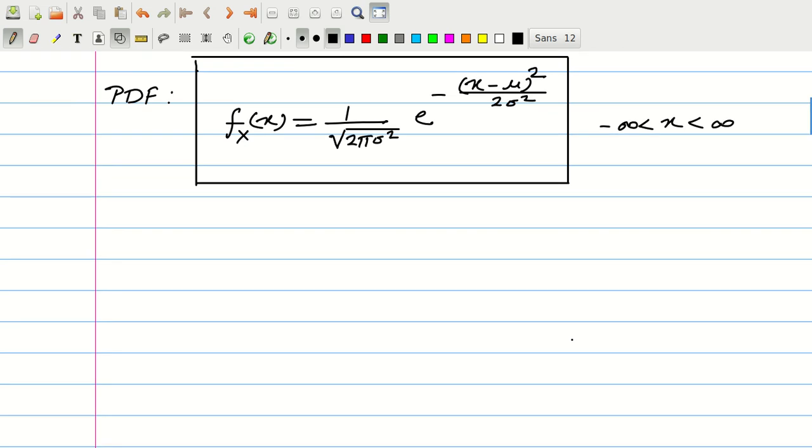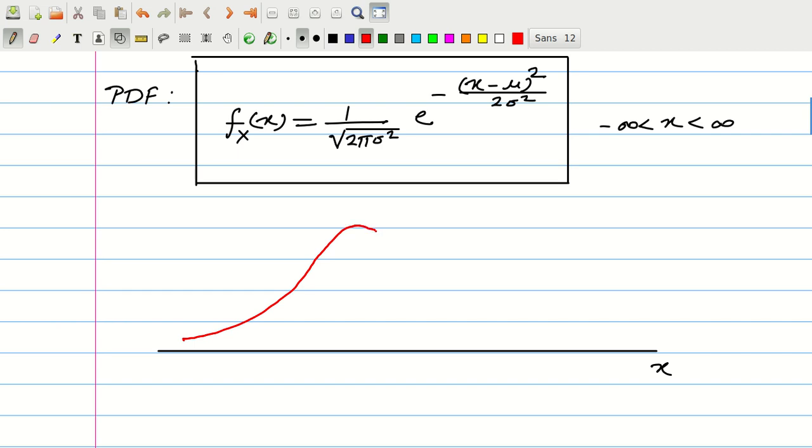Pictorially, it looks like a bell-shaped curve as shown here. Something like this.